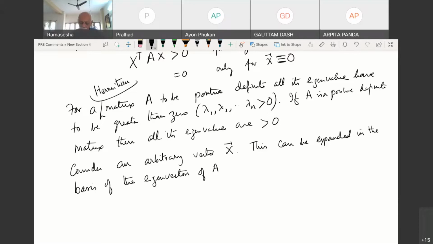Okay, so let us say that I have A E1 equal to lambda 1 E1, and A E2 equal to lambda 2 E2, etc. Now I'll take any x and express it in terms of a linear combination.